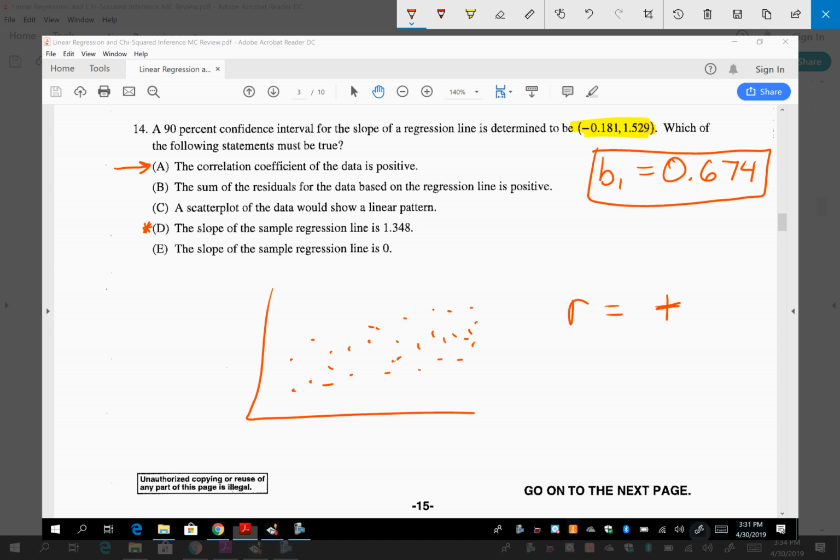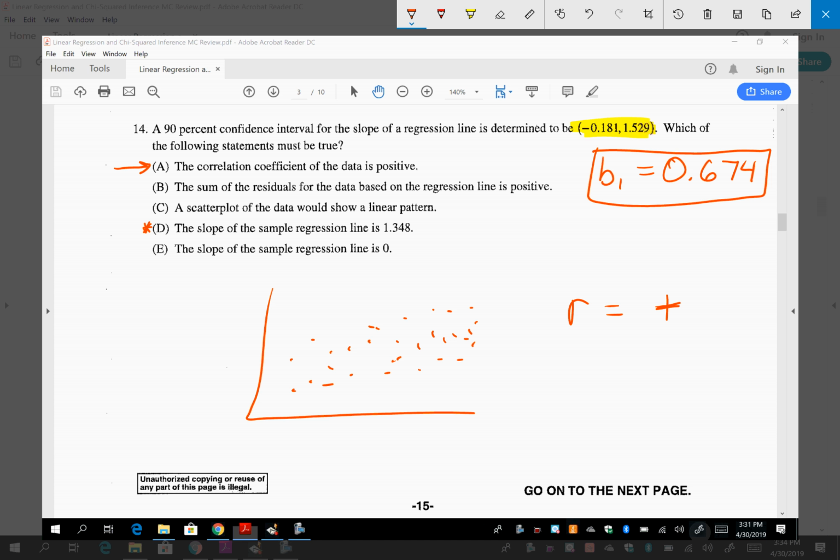But you have to divide by 2 to get the slope. So if this would have said the slope of the sample regression line is 0.674, that would have been true. And then we know the slope isn't 0 because the slope has to be in the middle of your two numbers on your interval. Everybody good? That's a tricky one.